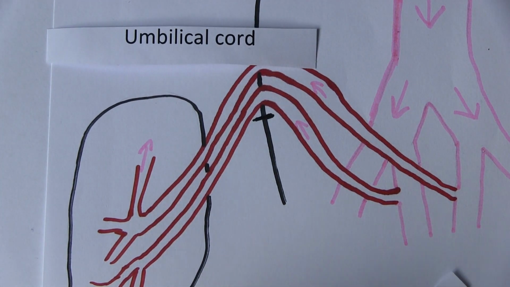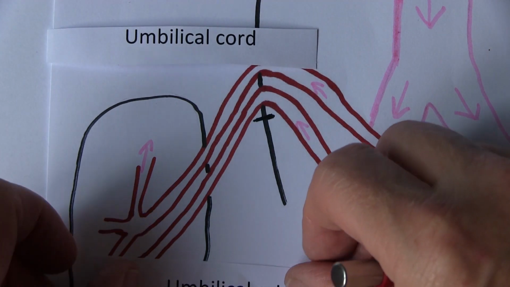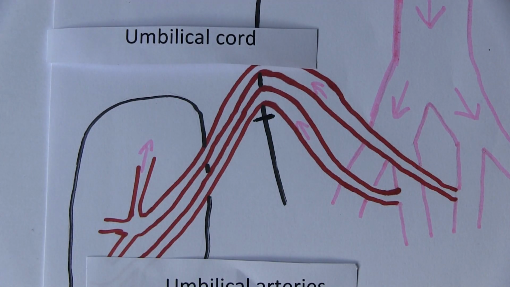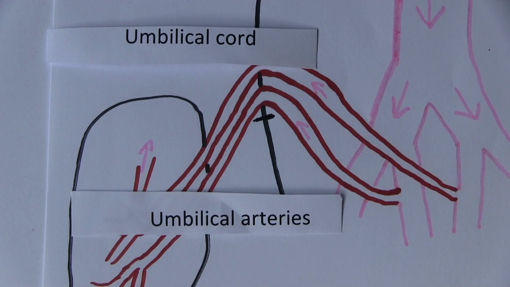So the umbilical cord contains the umbilical arteries, and as we'll see later, there's an umbilical vein as well. So that's how the blood's getting to the placenta to be oxygenated, via the umbilical arteries. Now next we want to think about the umbilical vein.